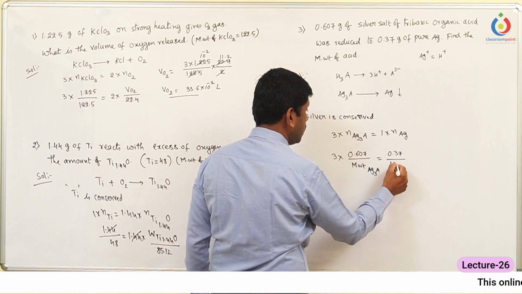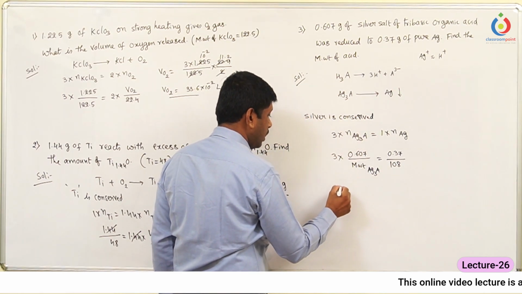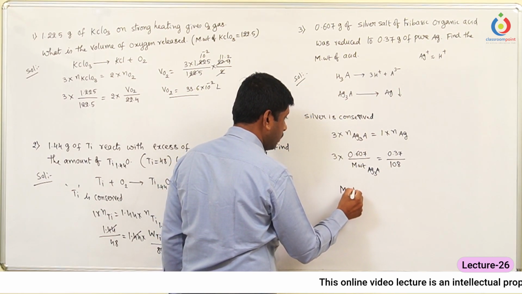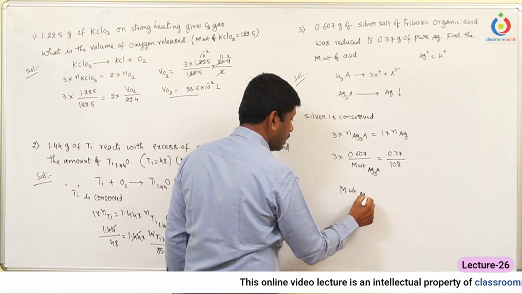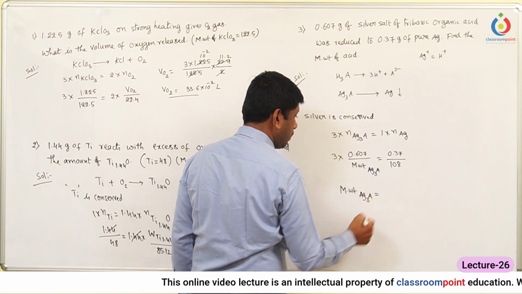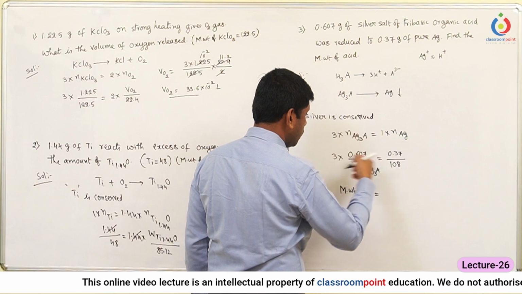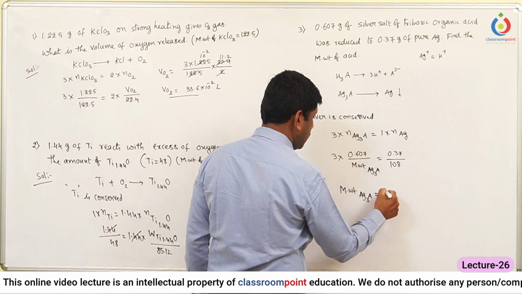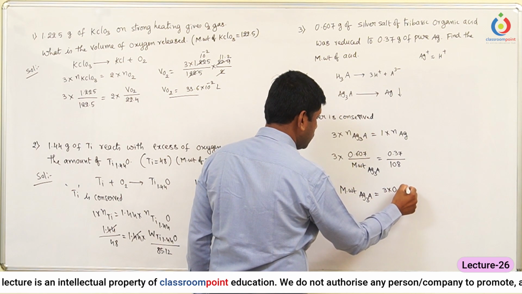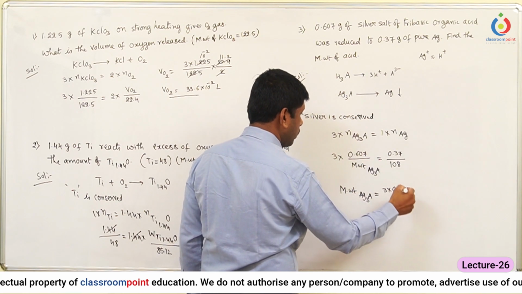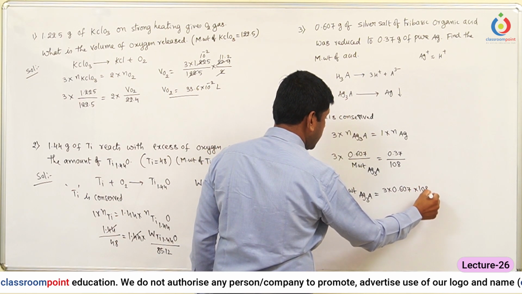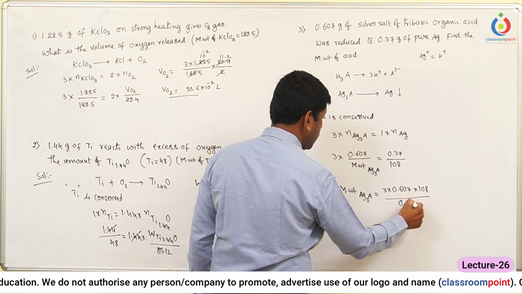Atomic mass of silver is 108. So now we can calculate the molecular weight of the silver salt of the carboxylic acid, by cross multiplication: 3 into 0.607, then bring this to this side into 108 divided by 0.37.